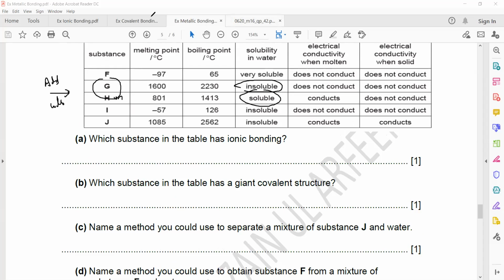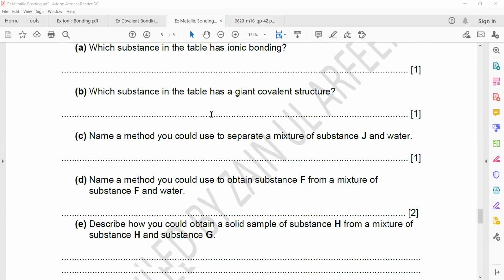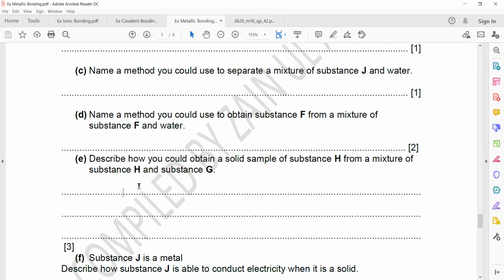Then we will filter. When we filter, we remove G from H, but H is in a solution. Then we can either use crystallization or evaporation. So add water, then filter, and after filtration, use evaporation or crystallization. Is it clear?